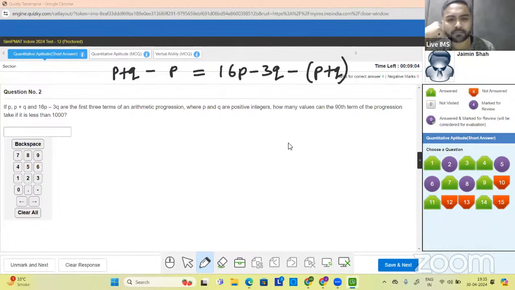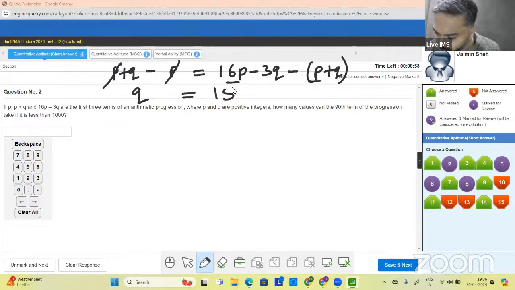90th term, पहले इसको solve कर लेते चलो. So this P gets cancelled out, I get Q. 16P minus P is equal to 15P minus 3Q minus this is minus 4Q.